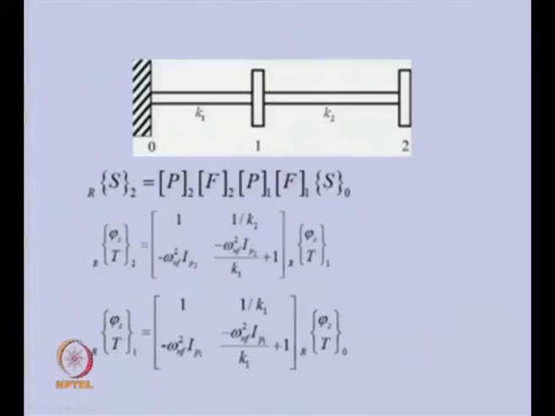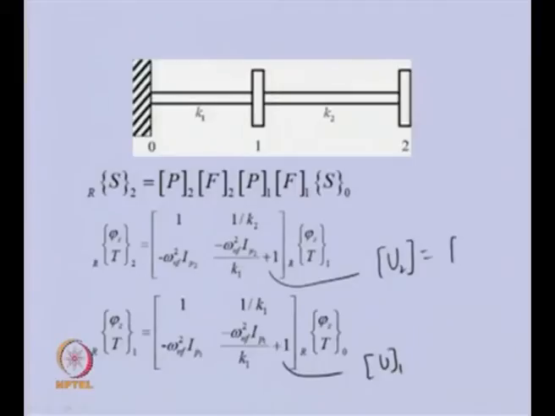If we want to get the state vector for right of 2, that means here, and right of 1, we know this is the U matrix, which is the multiplication of P and F. Similarly, from station 0, if we want the right of 1 state vector, we need another transfer matrix corresponding to station 1, and this is U2.